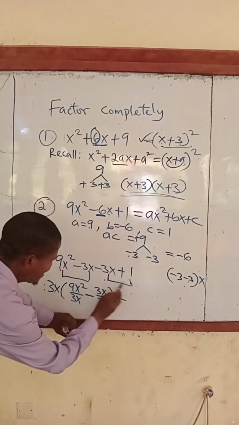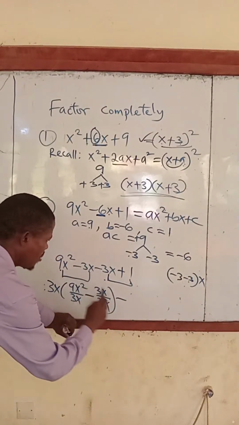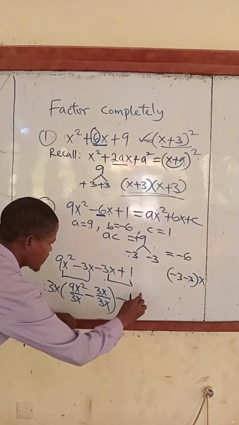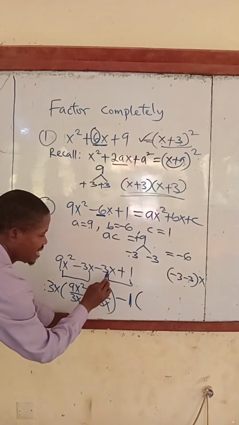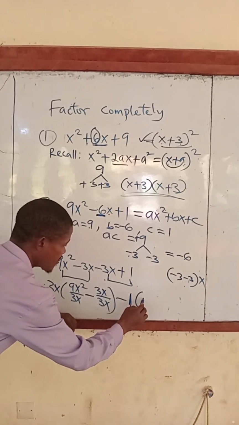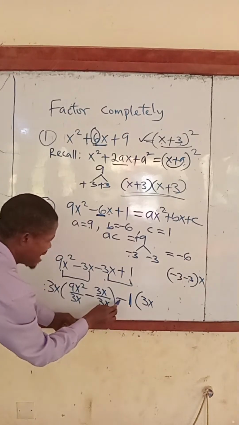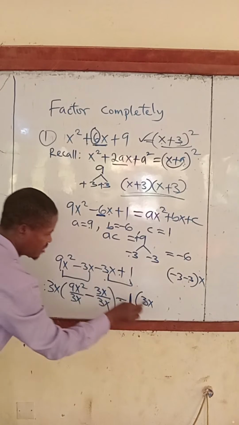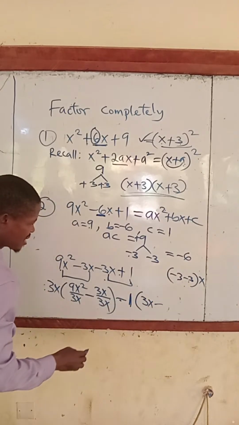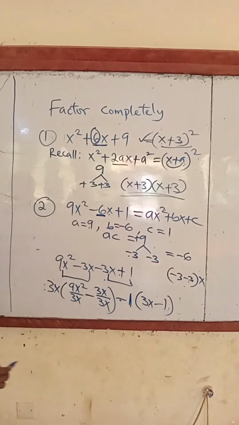So then the last 2 items, what is common there is 1. 1 is common. So that will be 3x over 1, so that will be 3x. Minus times plus, that's minus, and then 1.